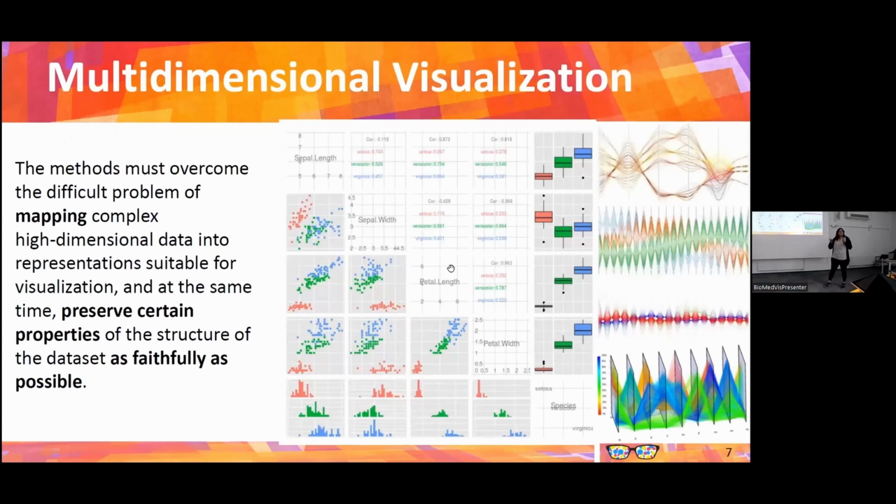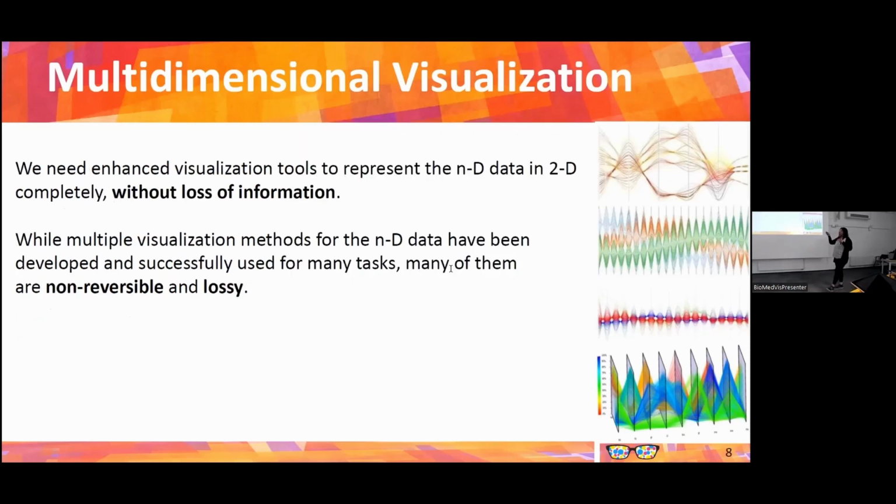But we still need to preserve some characteristics of the data, and we want to show our complete data set. That's why this is a problem.